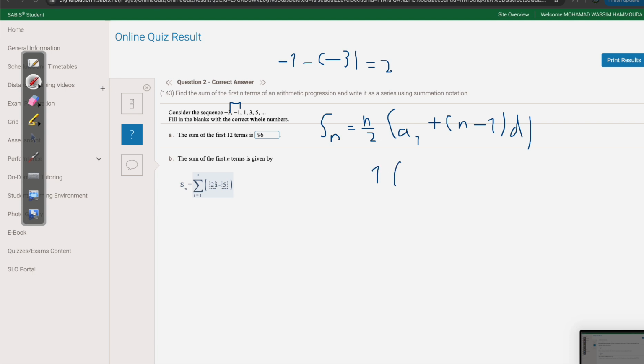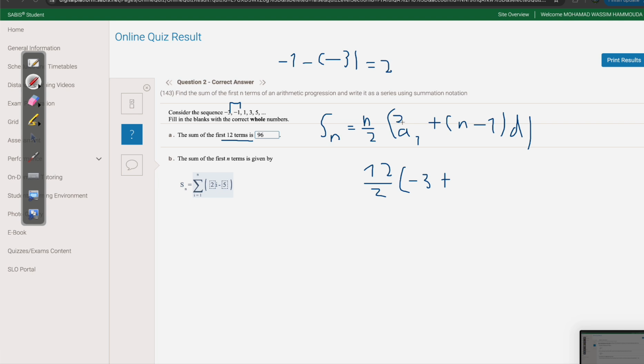Wait, sorry, I thought 2 was n, which it's not. They said the sum of the first 12 terms, so 12 over 2 into, oh, it's 2a1, sorry, I completely forgot about that.